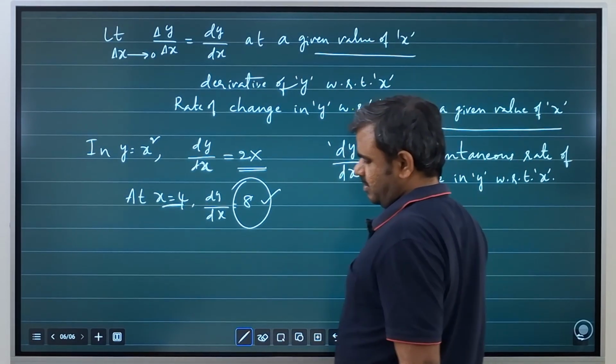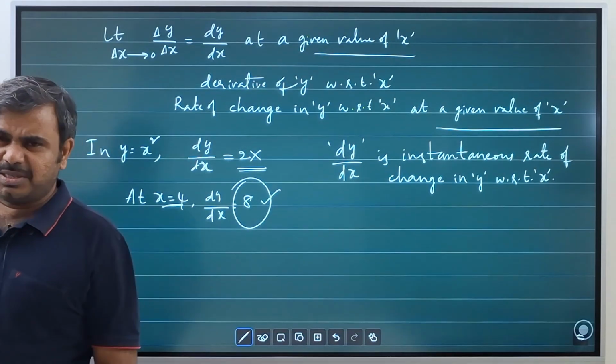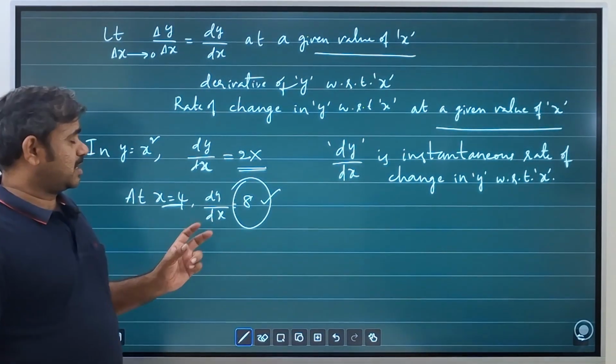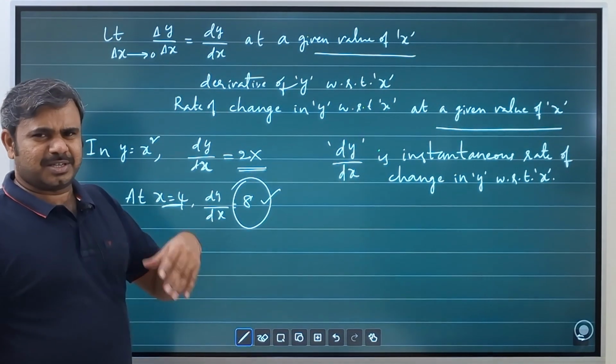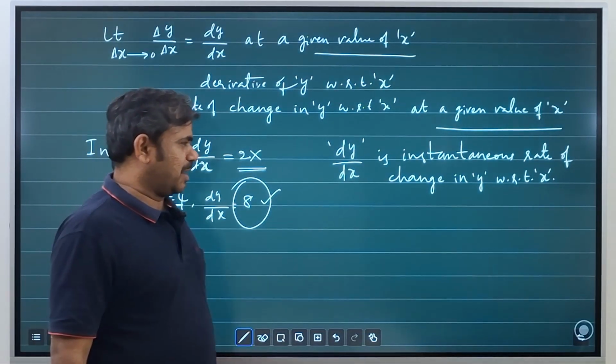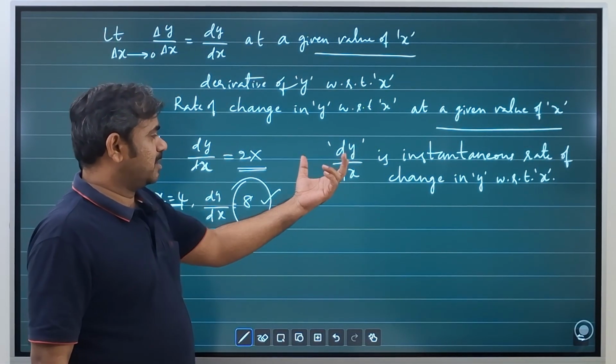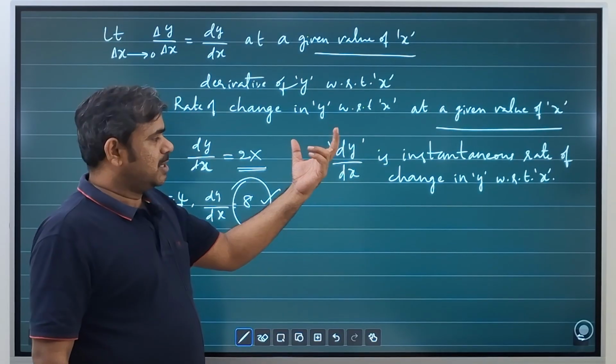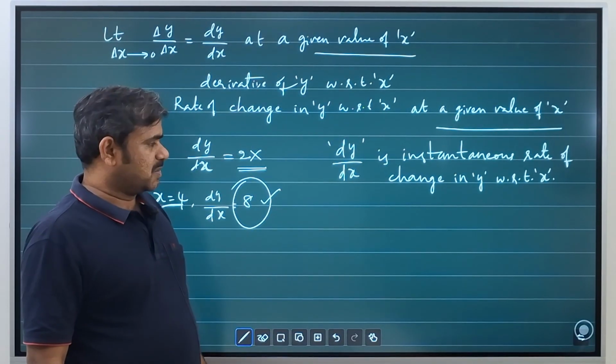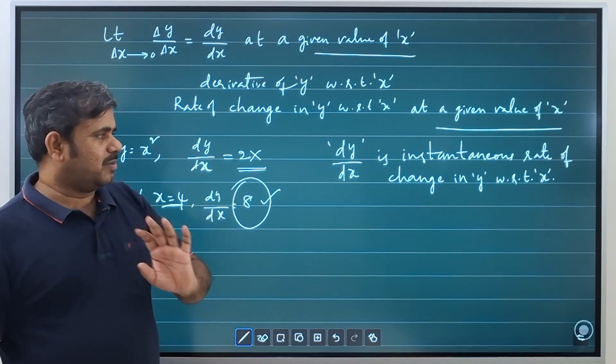That's what it means. Instantaneous means at a particular instant. Generally, instantaneous is used in the case of time, but I am using it here because we are finding the change in y by change in x. We are finding the rate of change in y with respect to x at a particular value of x.